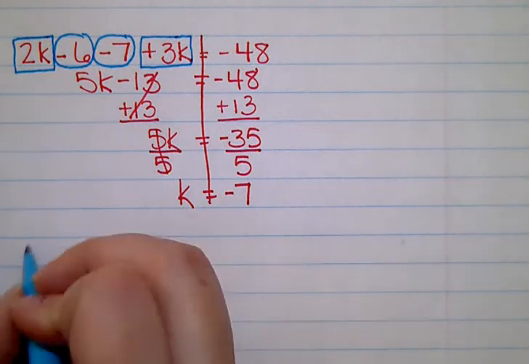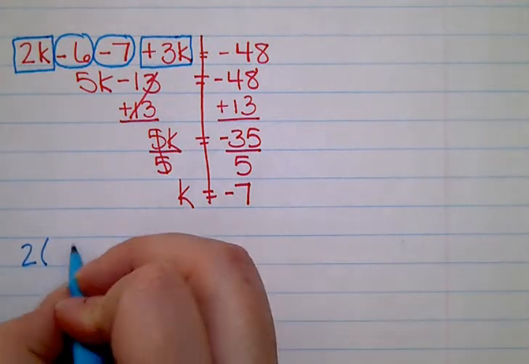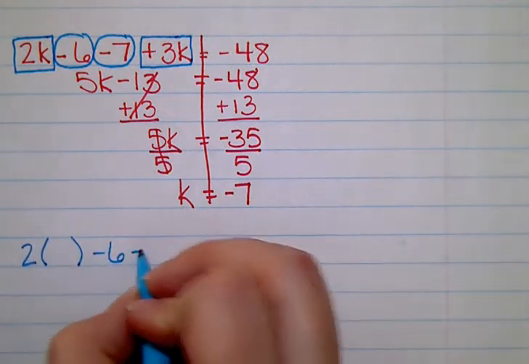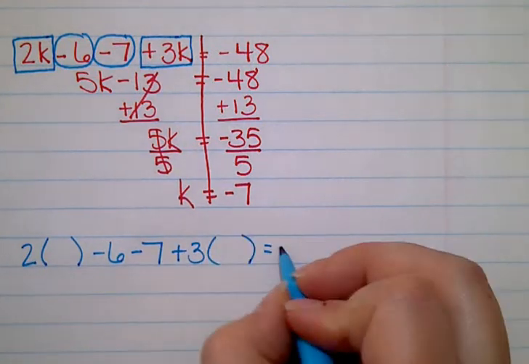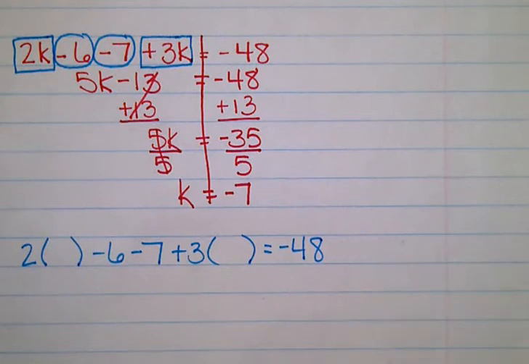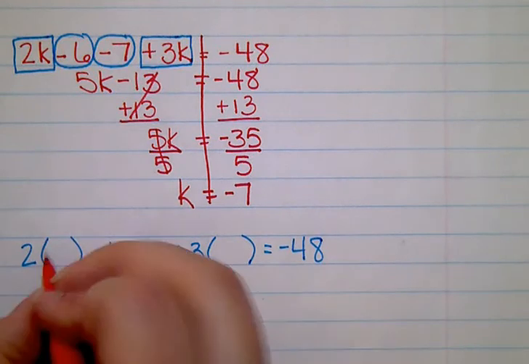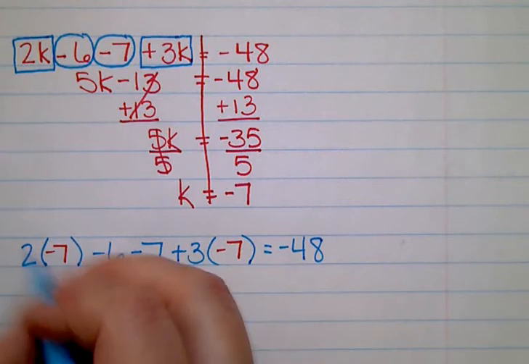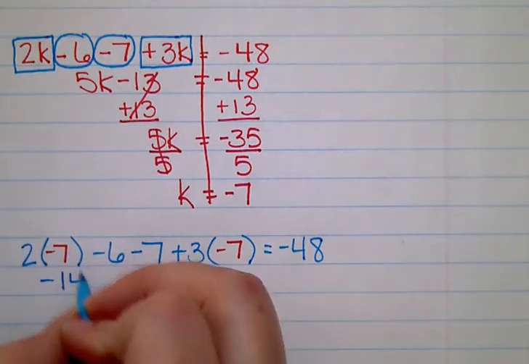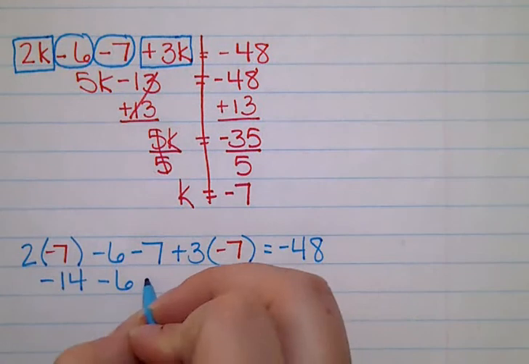So 2 times something minus 6 minus 7 plus 3 times the same something hopefully will give me a negative 48. And I think those somethings are negative 7s. 2 times a negative 7 is a negative 14 minus 6 minus 7.